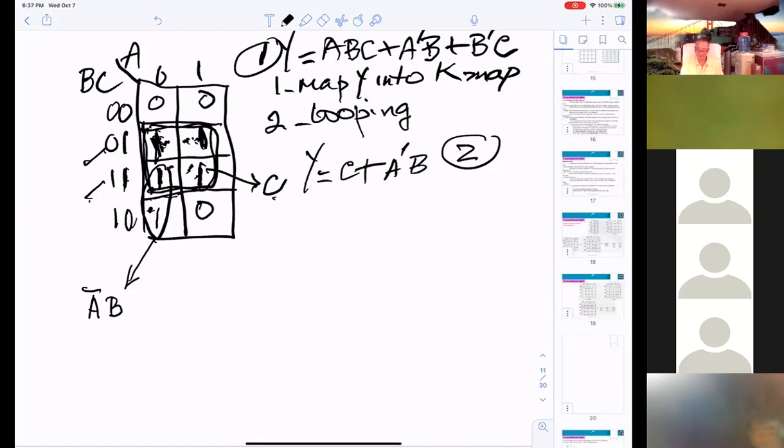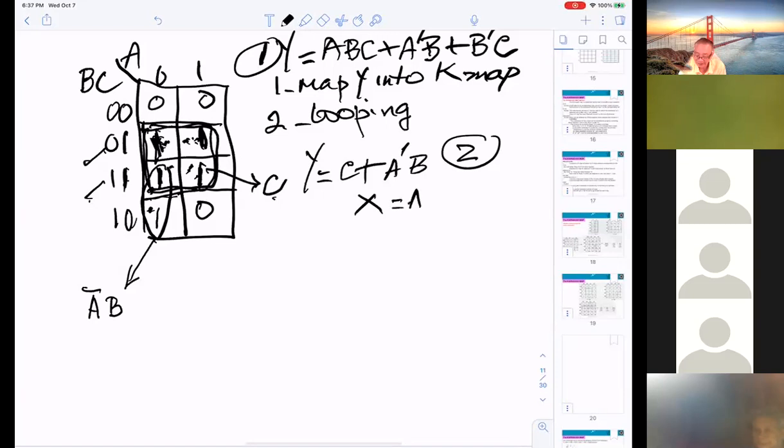Now, you can try that one for me. Okay, try to see how many people can get this done.